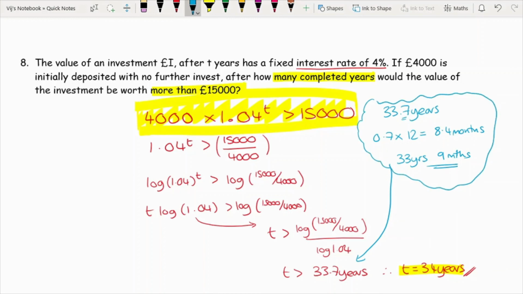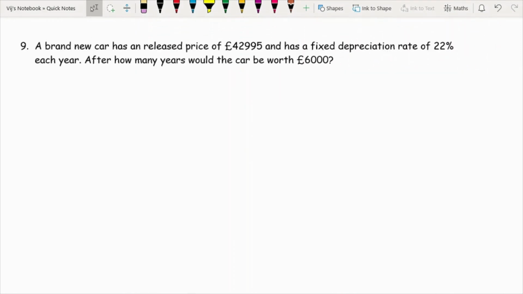So moving on to question 9, so slowly getting there. This question says that a brand new car has a release price of £42,995 and has a fixed depreciation rate of 22% each year. After how many years would this car be worth £6,000?